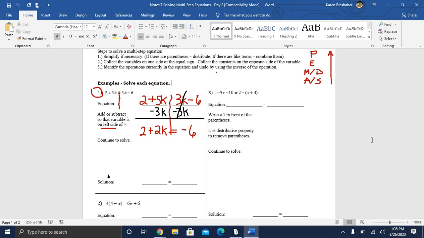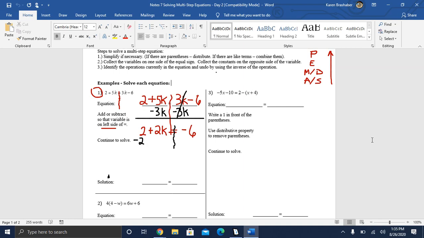All right, now I want to continue to solve, but now I've made it so that I only have my variable showing up once, and I have it on the left side of the equal sign. So continuing to see your separator, I now need to undo that addition, working backwards through our PEMDAS. And so I'll subtract.